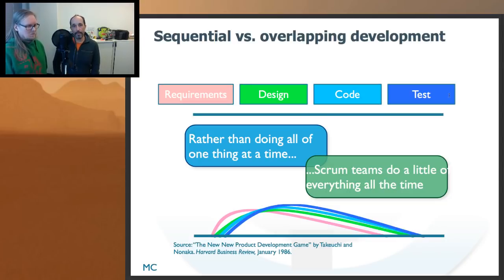The picture at the bottom is from Takeuchi's article, and it illustrates one sprint. In the beginning of the sprint, there is a bit more requirements work than in the end, and in the end of the sprint there's a bit more testing work than in the beginning, but still, most of it is done every day.